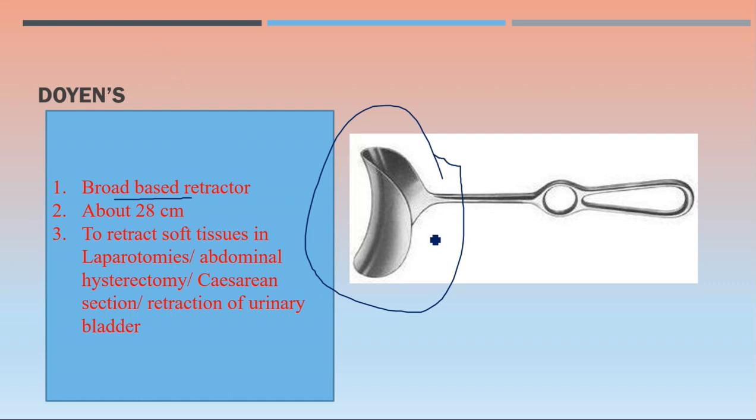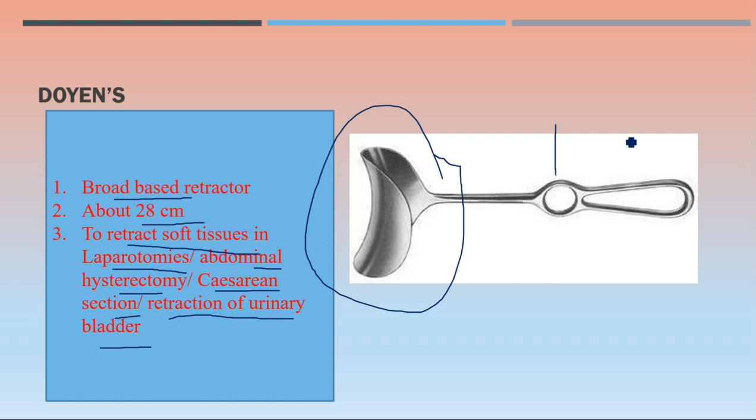Doyne's retractor is somewhat like this. Its length is around 28 centimeter, and it is used to retract soft tissues in laparotomies, abdominal hysterectomies, cesarean section, and retraction of urinary bladder.